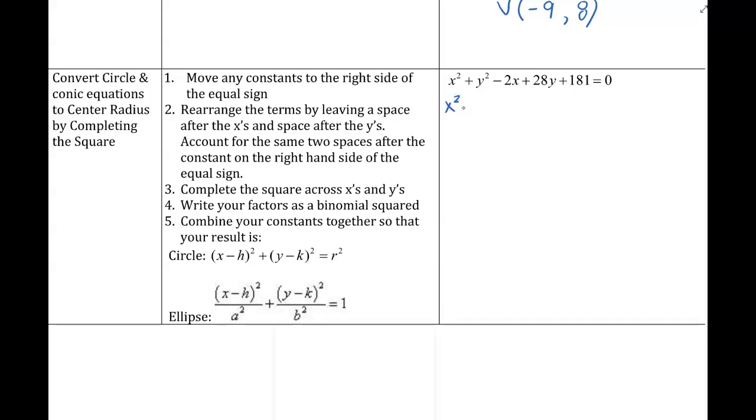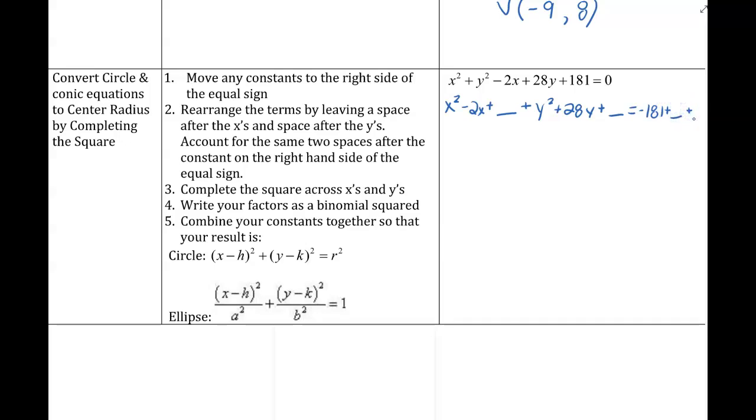So x squared minus 2x plus blank, and then I'm going to group my y's together in the same fashion, including a plus blank. So I have y squared plus 28y plus blank. I'm going to subtract the constant over to the other side, so I'd have -181.